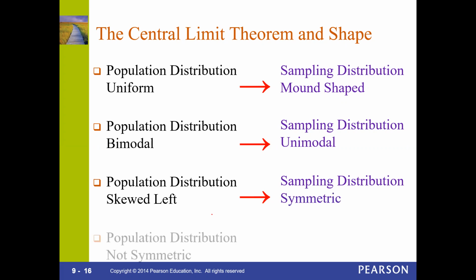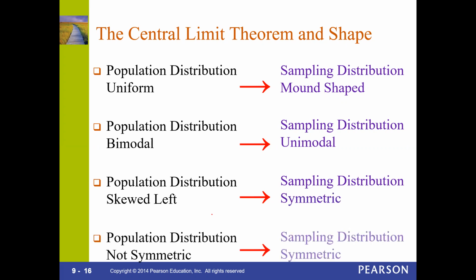That's just terms that you need to remember. If it's not symmetric, it must be symmetric in the sampling distribution. So the last two are kind of the same thing, whether it's skewed to the left or not symmetric. You want the symmetric idea. Okay, these are just terms that you can use just in case you see something like that.